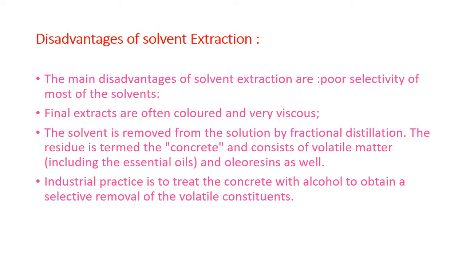At that time you can obtain a much lower yield of that terpenoid or essential oil. This is one drawback. Selection of the perfect solvent is a very important factor in solvent extraction.